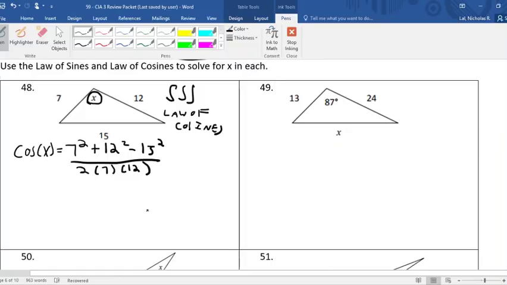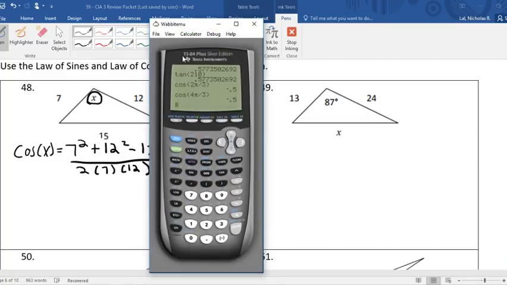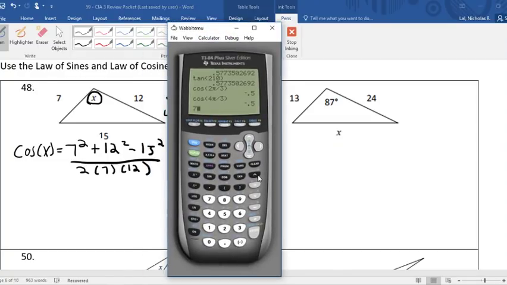Alright? So that means I can do 7 squared plus 12 squared minus 15 squared. This gives me negative 32, because that would be 49 plus 144 minus 225. Yeah, it gives us negative 32.